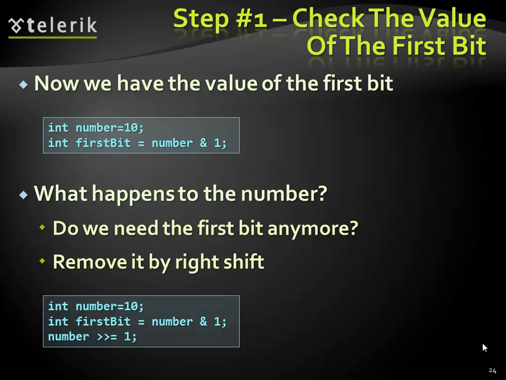So let's see a breakdown of how we start implementing the solution for counting bits of ones and zeros in a number. We're starting with a sample number here, and we want to isolate the rightmost bit, the first bit.